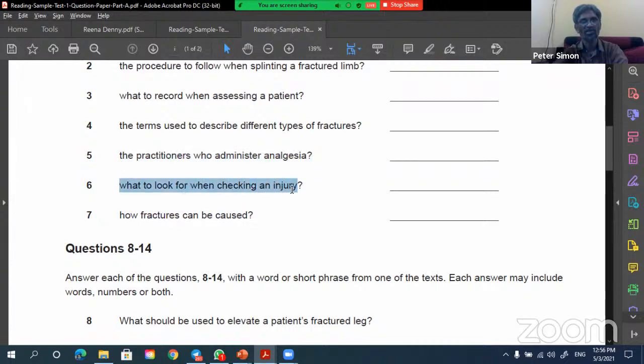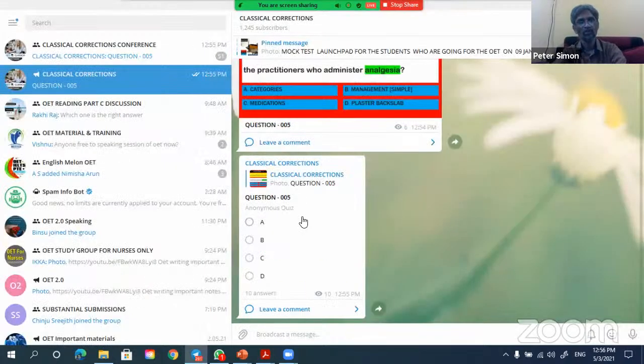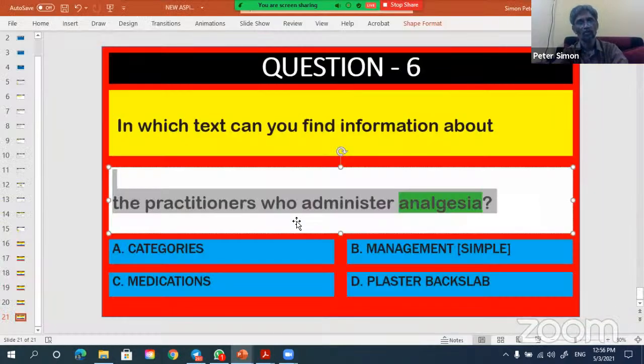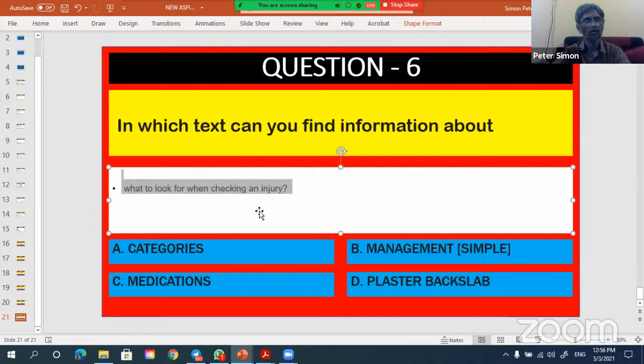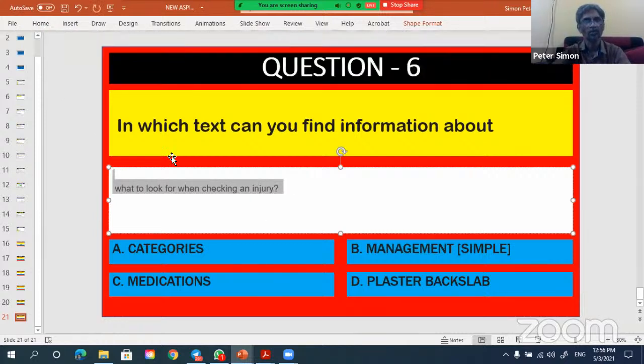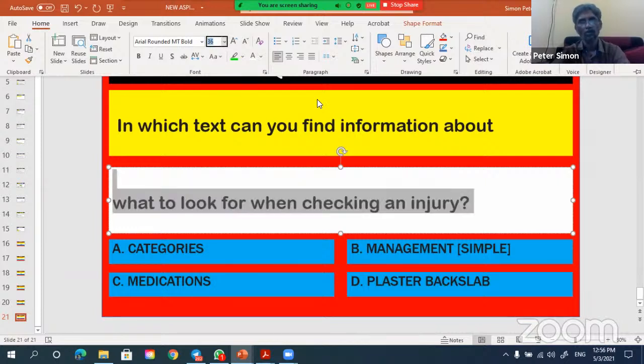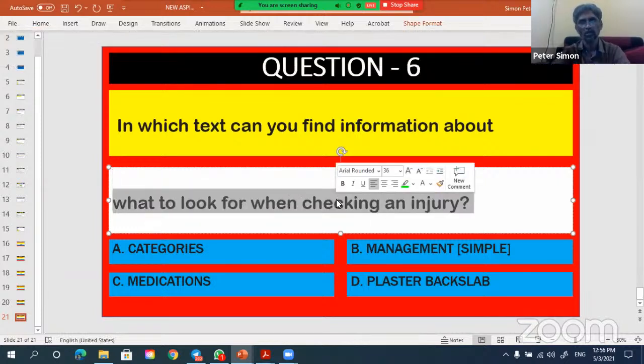What to look for when checking an injury? Checking is the keyword.